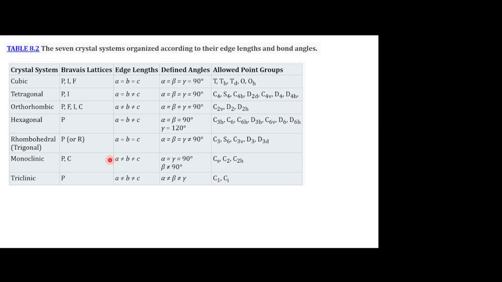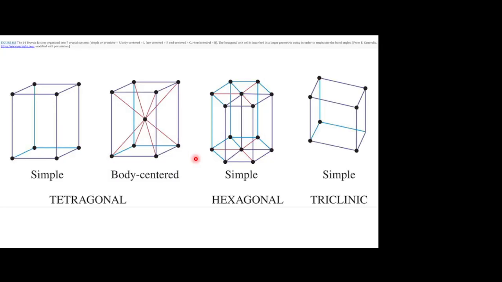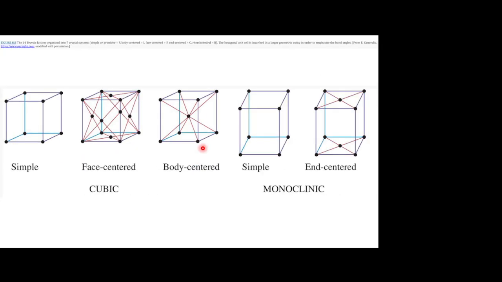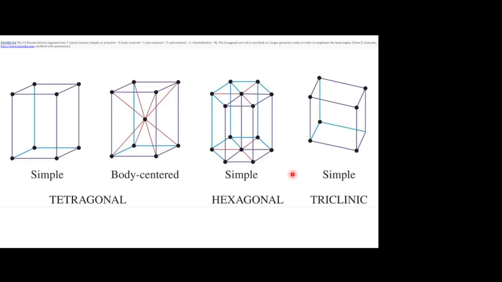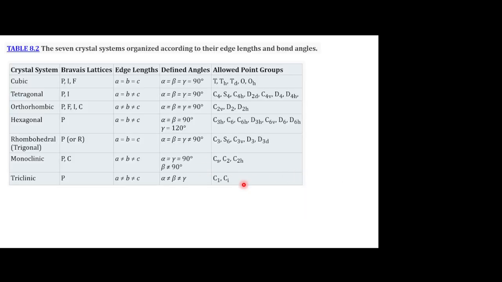So, for example, the monoclinic, the symmetry actually falls off extraordinarily fast because, again, you have that unsymmetric ends, right? Okay. So those are your allowed symmetries. And those are those same allowed point groups with that same set of elements and operators that we had looked at before in chapter 6.